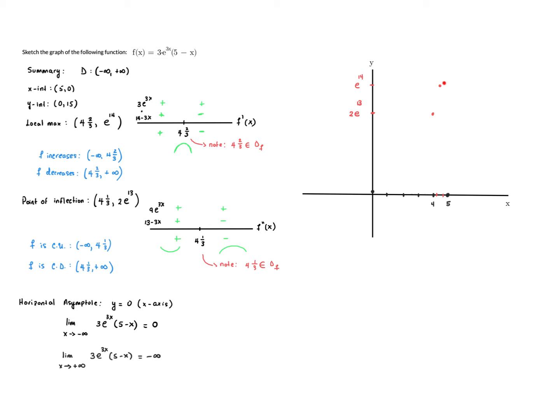And remember that at this point right here, I have a local maximum. So I should have something like this. And then again, concave up, concave down. The graph continues all the way down. And on the left, it approaches the x-axis. So that gives me a good sense of how to begin my sketch.